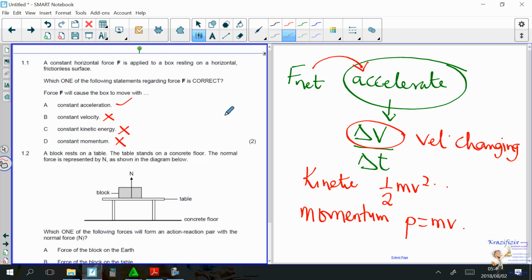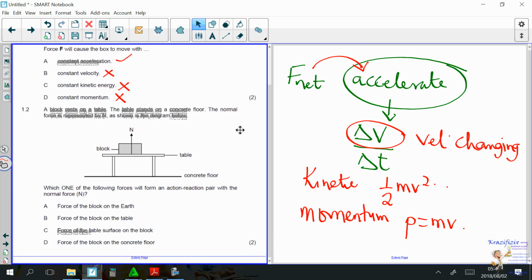Question 1.2. A block rests on a table. The table stands on a concrete floor. The normal force is represented by N, as shown in the diagram. Remember, your normal force is always perpendicular to the surface.